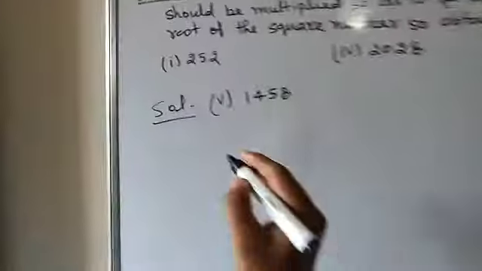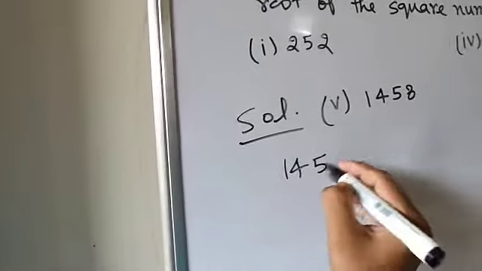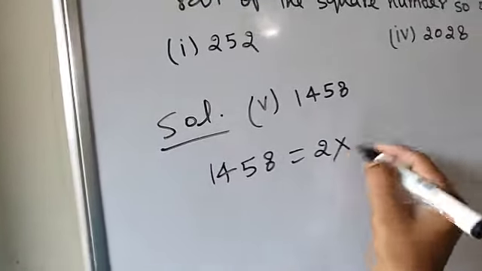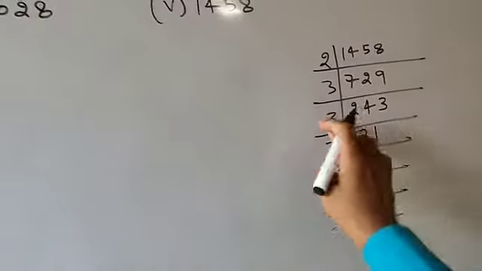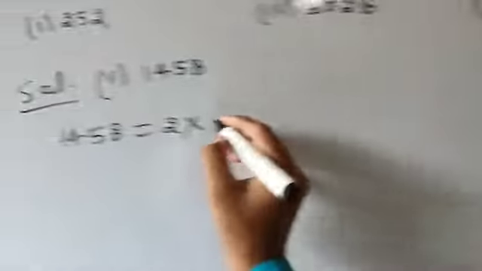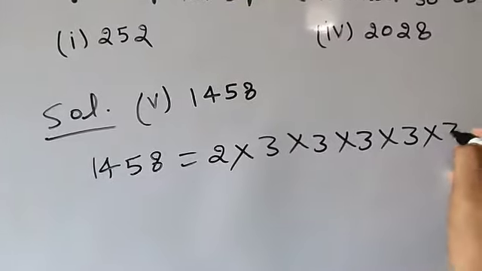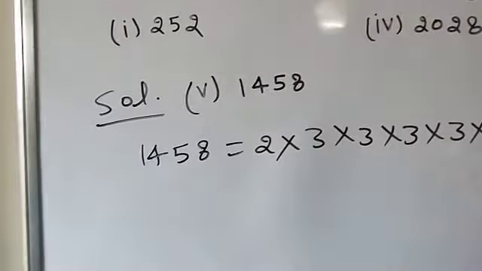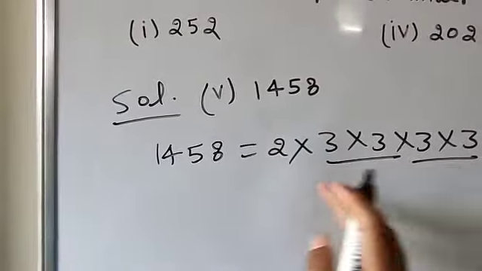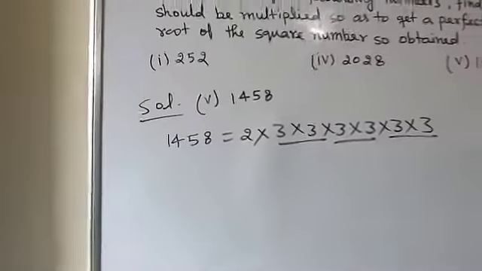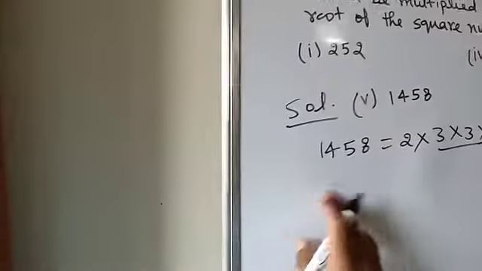So here I will write it. 1458 equal to 2 into, and how many 3s are there? 1 2 3 4 5 6. So make the pairing. All the 3s are in pairs, 2 is unpaired. So by which number should it be multiplied? It should be multiplied by 2.